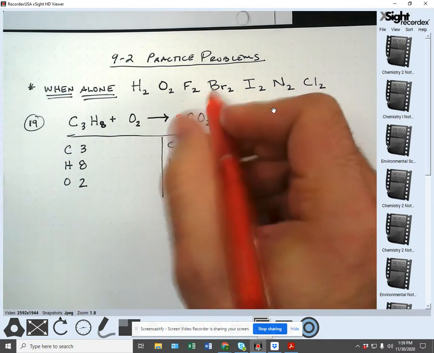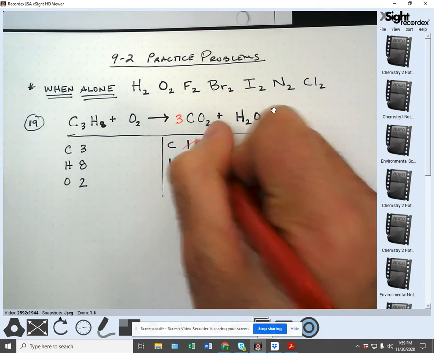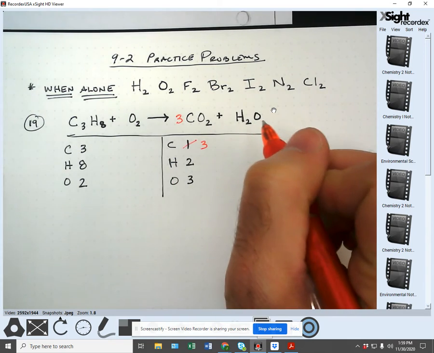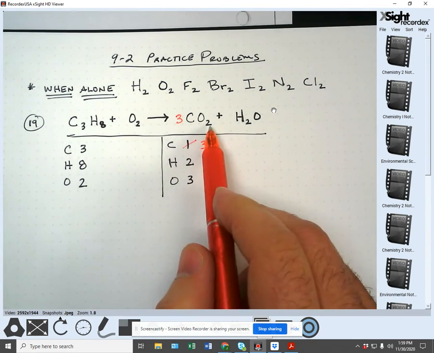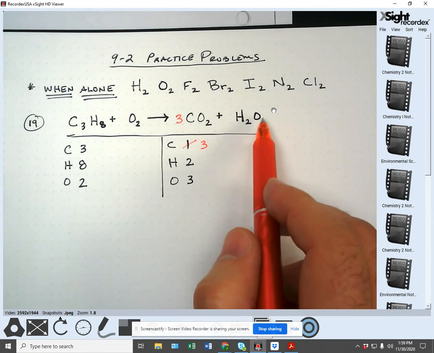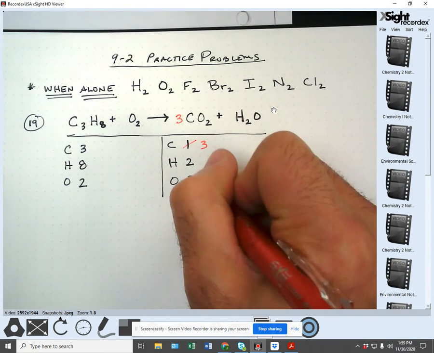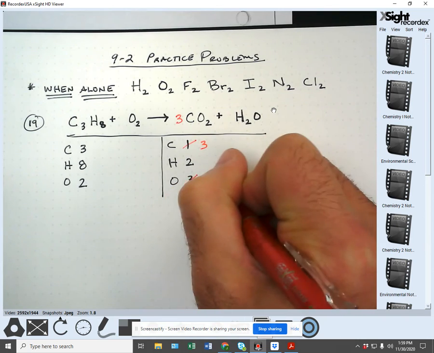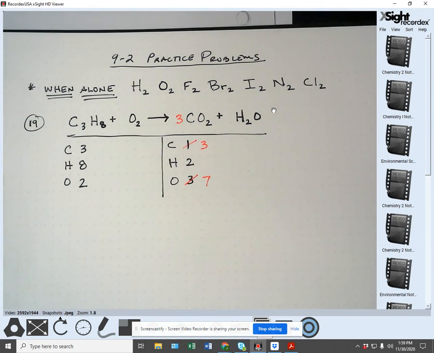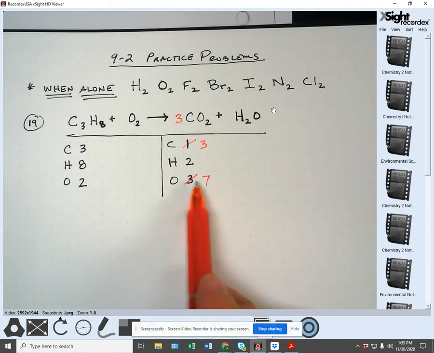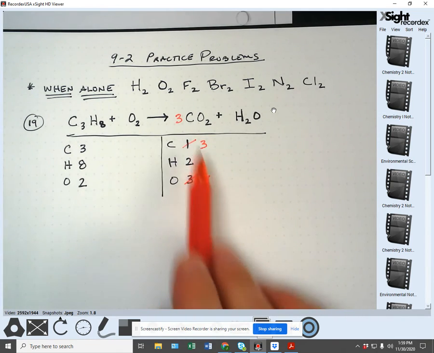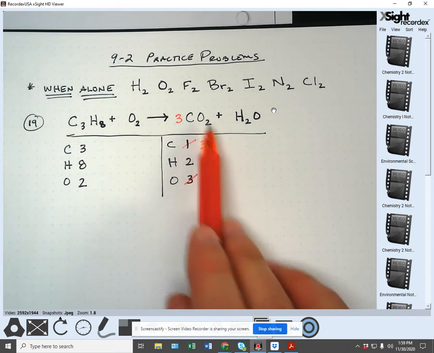That gets me 3 times 1, so 3. Now let's see what that does to our oxygens over here. 3 times 2 is 6, plus 1 is 7 oxygens. I'm not going to balance my oxygens next, but I do need to put down how it changes when I changed it with the 3 there.